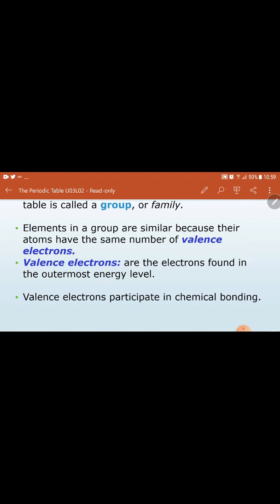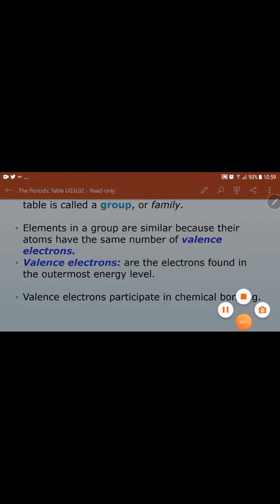They are the only electrons that can make chemical bonds. The rest of the electrons are closer to the nucleus. They can't participate in chemical bonds. Only valence electrons can make chemical bonds, as we will see in the next lessons. Let's stop this video now and we will see how I will explain it.